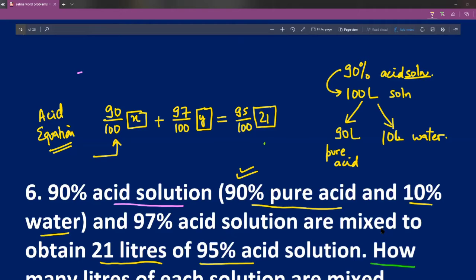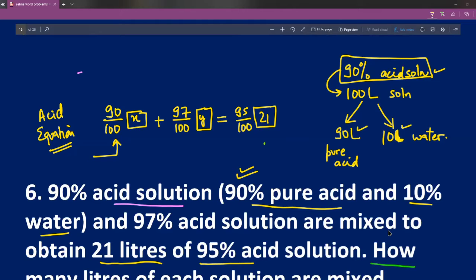I hope you are getting the drift. In 100 liters of this concentration, 90 liters of pure acid will be there and 10 liters of water would be there.